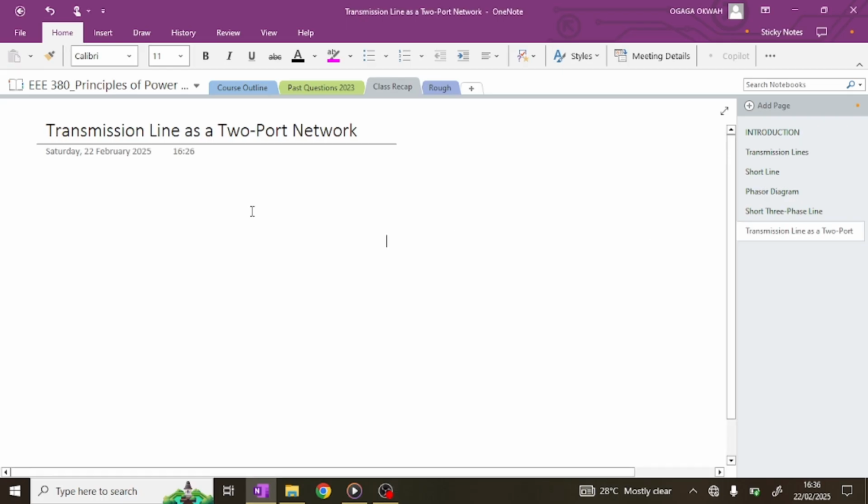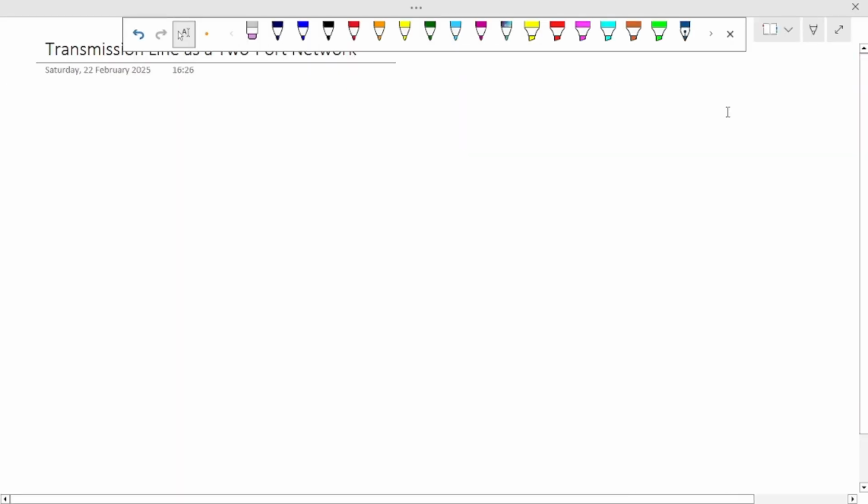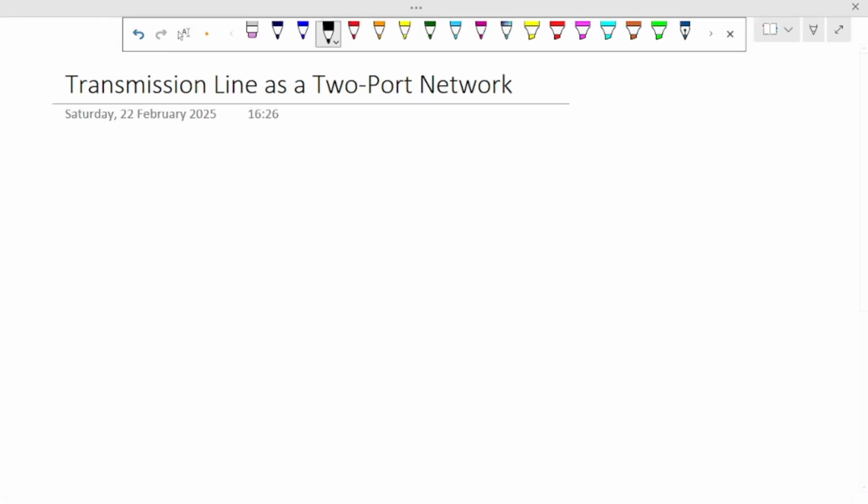So in this video we'll be talking about transmission lines as a two-port network. When we say two-port network, what do we mean? Just look at this.